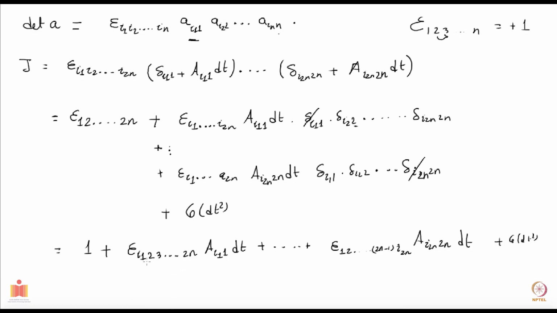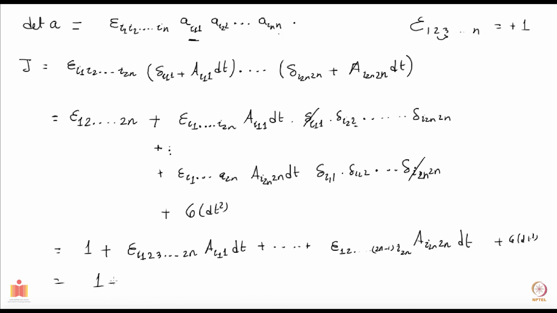Now see, this will be non-zero only if I1 is 1. If I1 is 2 or 3 or something, it's going to be 0, and you have a summation over I1 because the summation convention is still here. So the only possibility is for this to be 1, and that will give you a positive sign, because this will be epsilon 1 2 3, and that will force this one to be a11.